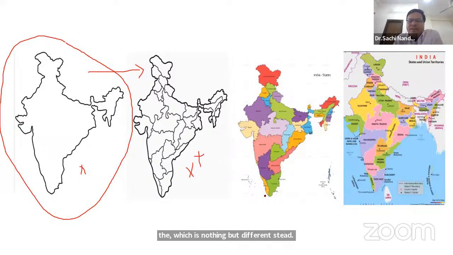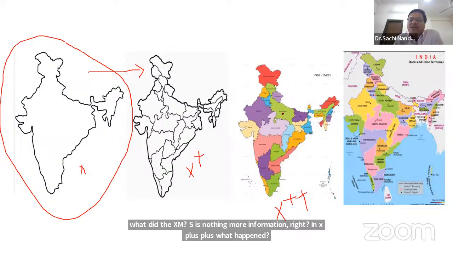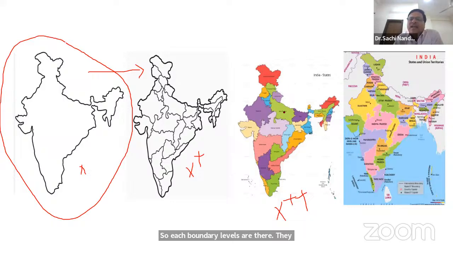Now, coming to the third picture, you see more information extracted, which we call X plus plus. X is nothing but information. In X plus plus, each boundary is labeled with the name of the state, like Uttar Pradesh, Odisha, West Bengal. And finally, you can call it X plus plus plus. Here the states are there and the capitals of the states are also there.